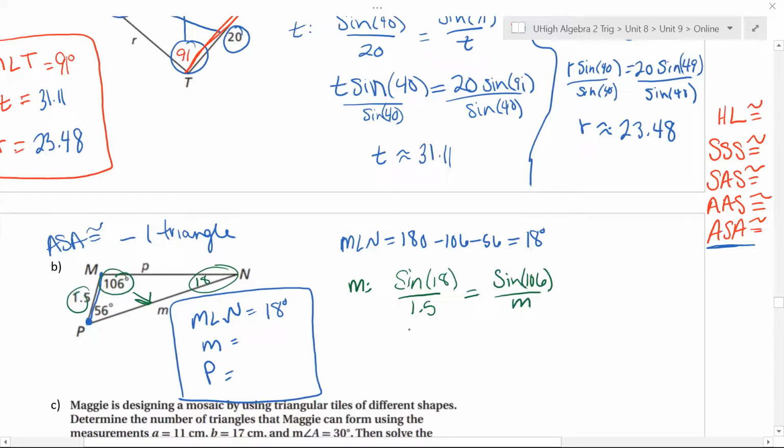So M times the sine of 18 equals 1.5 times the sine of 106. Now I can divide both sides by the sine of 18. And when I substitute that right-hand side into my calculator, I get that M is approximately 4.67.